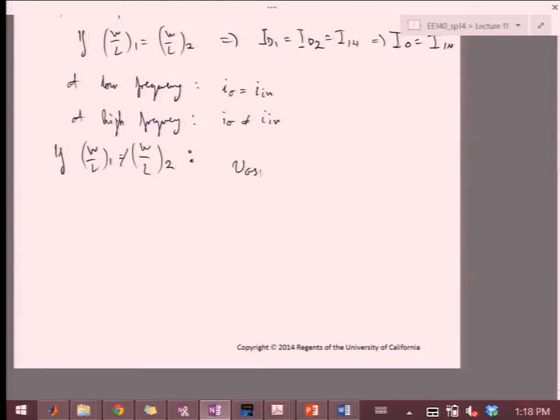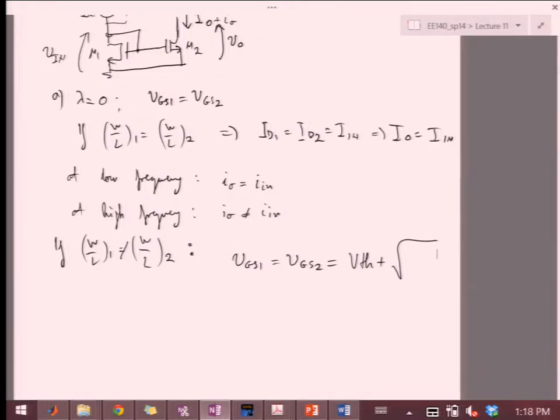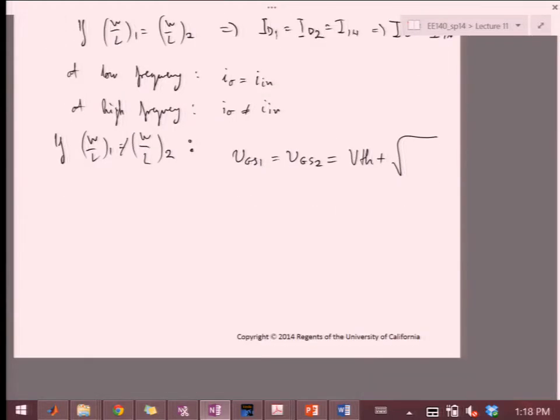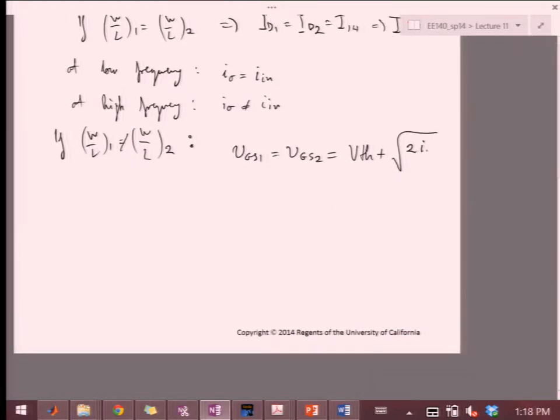VGS1 is equal to VGS2, and that equals V threshold plus the overdrive component, which on this side is caused by I in. So that would be the square root of 2 times I in over K prime W over L1.